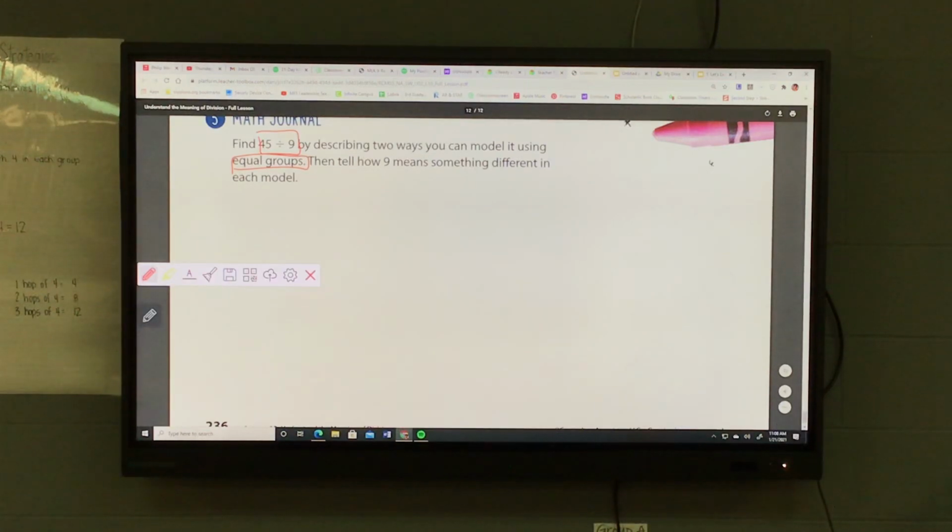Do you have the two pictures created to show the equal groups? Two different ways.